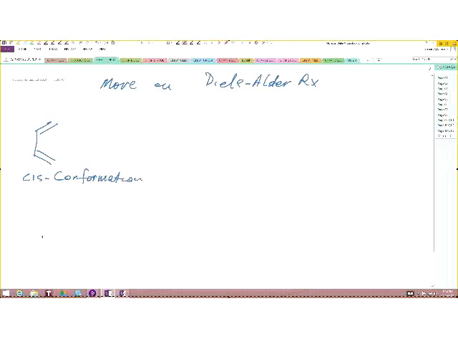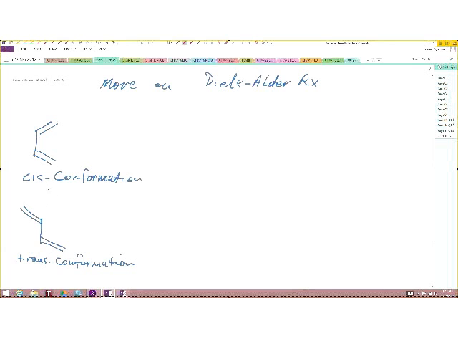As opposed to if you have a single bond and then a double bond here and a double bond here, in this case think of those two double bonds on opposite sides of the single bond. And therefore we call this the trans conformation. It also happens that the Diels-Alder reaction will only take place whenever the molecule is capable of assuming a cis conformation.